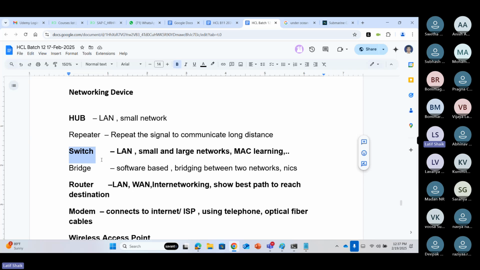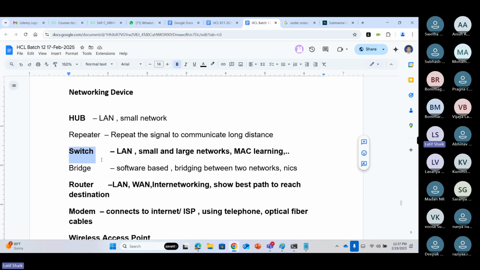The router tells you how to reach the destination. I am here, accessing google.com, facebook.com, youtube.com, whatsapp.com, a lot of things.